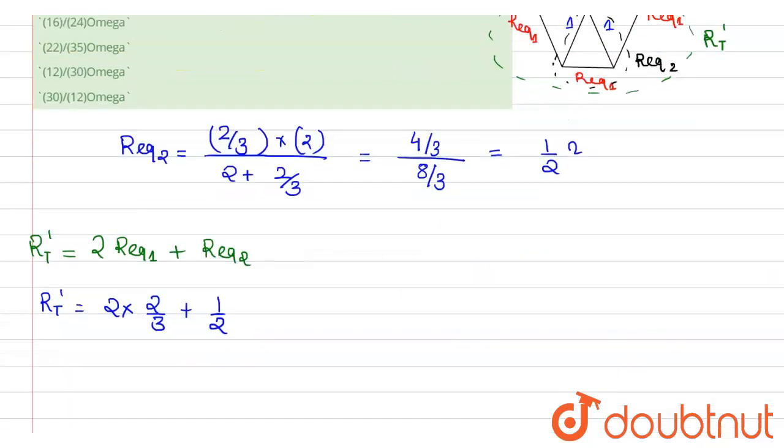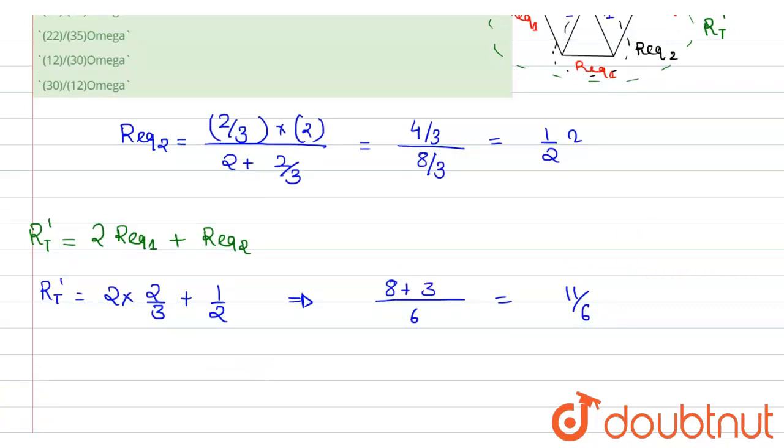If we simplify it, we have to take the LCM. So it will be 4 by 3 plus 1 by 2. The LCM will be 6, so it is 8 plus 3, which is 11 by 6.